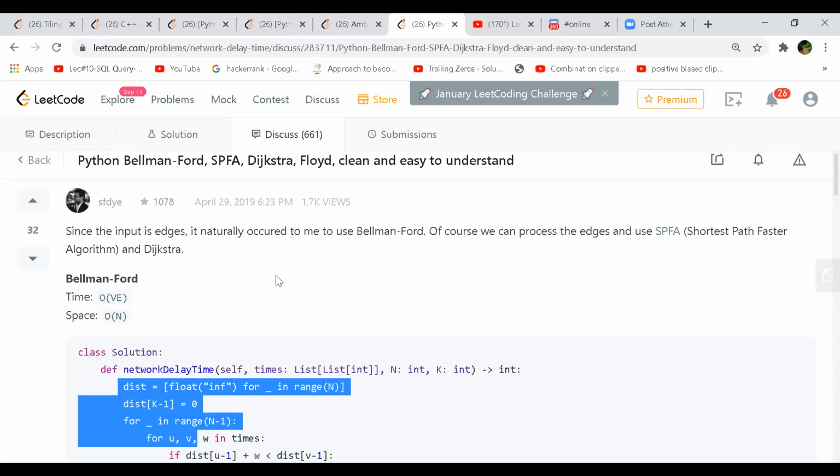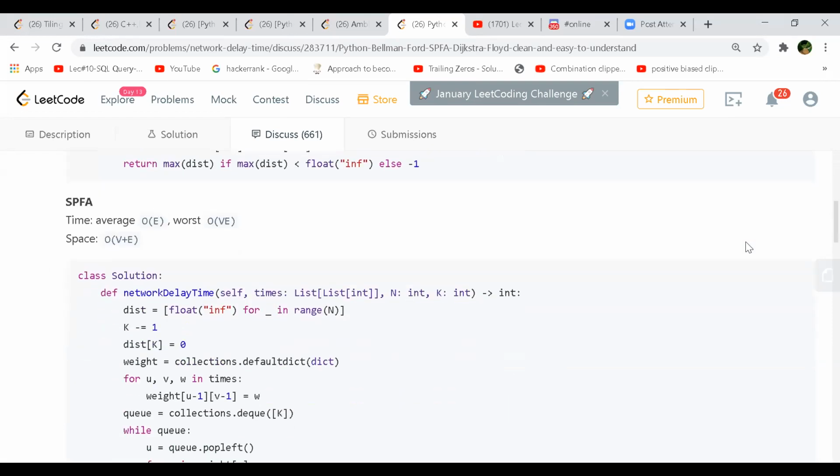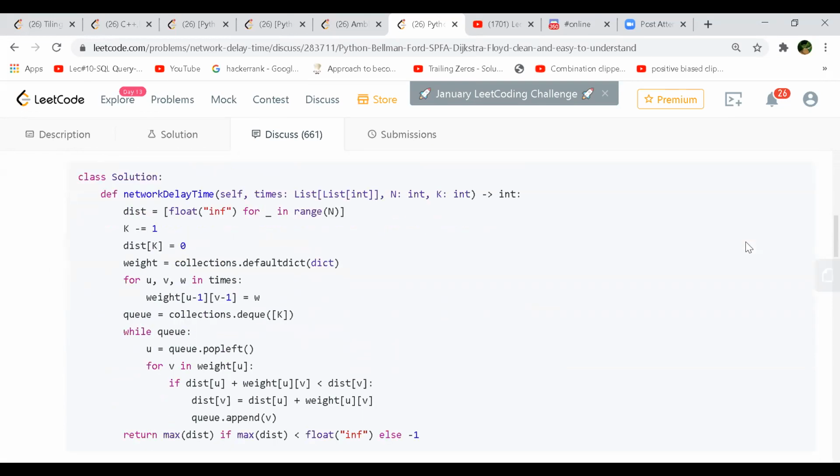This is a new algorithm, the shortest path faster algorithm. First time I'm hearing it. Single source shortest path was there, right? Shortest path faster algorithm might be like an advanced version of BFS. BFS only looks at the levels, but this is using weights also.